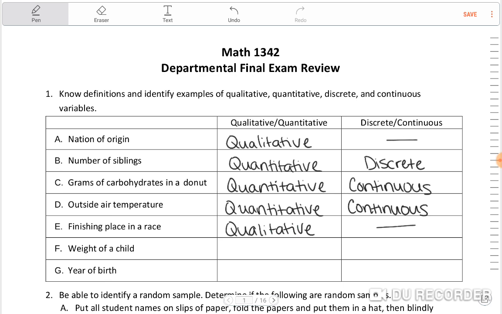So of course not discrete or continuous, because it's qualitative. Weight of a child, that's a number, so quantitative. And that is weight, so that's continuous. It's a measurement. Okay, year of birth. Well, year of birth, that's a number. That's quantitative.